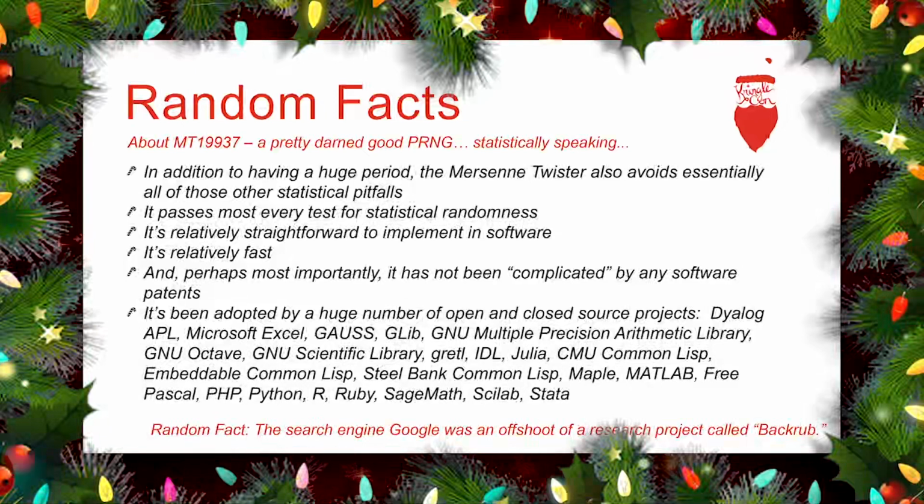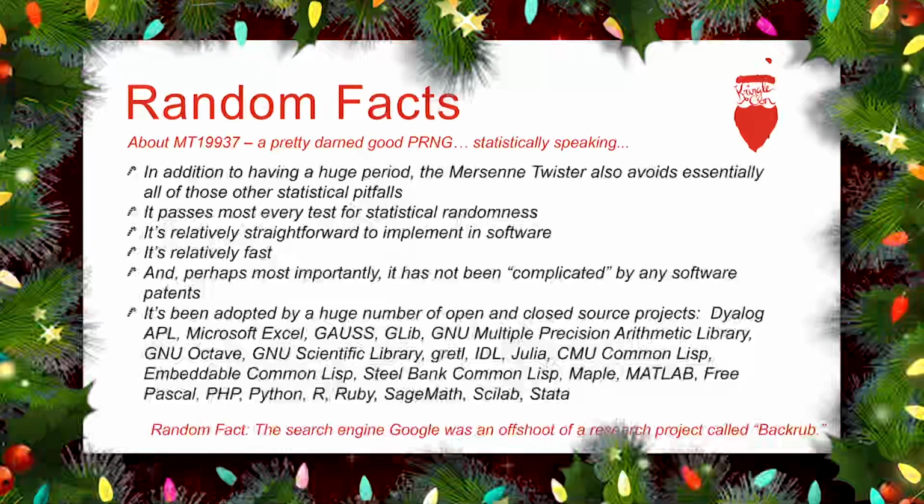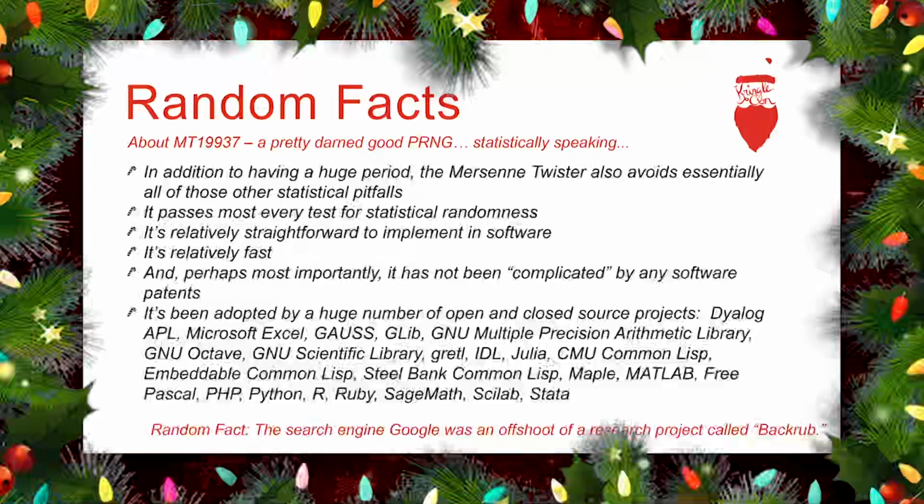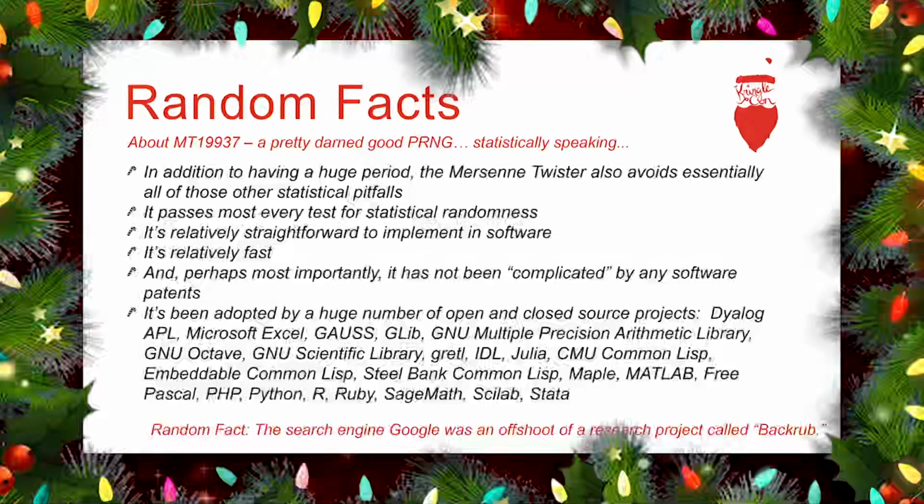Probably the most important point for those in the open source software community is that the Mersenne twister MT19937 is not encumbered by any kind of patent. Because of that, it's been adopted in dozens and dozens of different open and closed source projects.